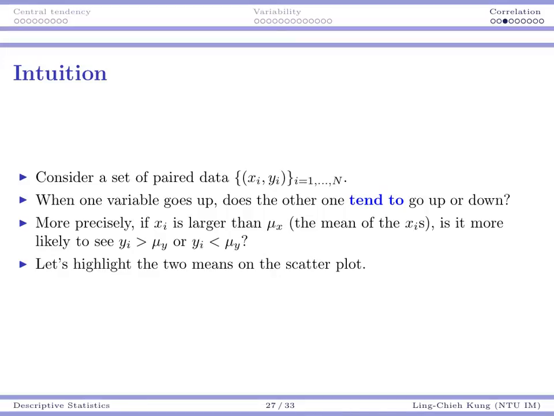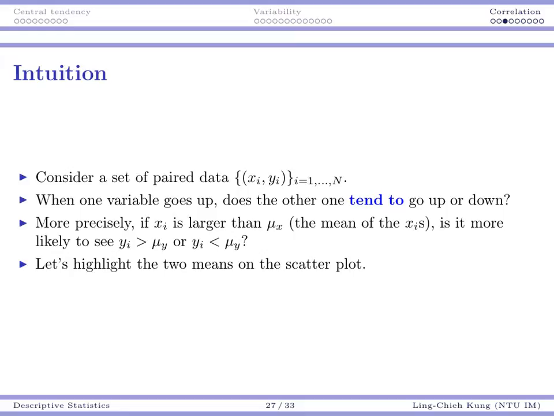Okay, so let's start to define some measurements to describe correlation. Suppose we have a set of paired data. That means for each data point, we collect two values, xi and yi.